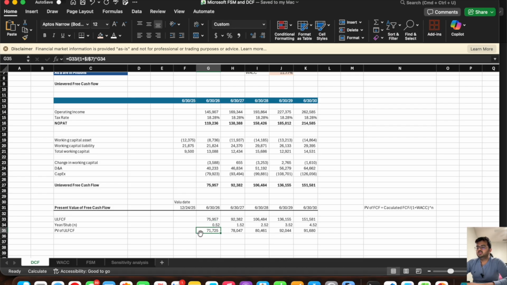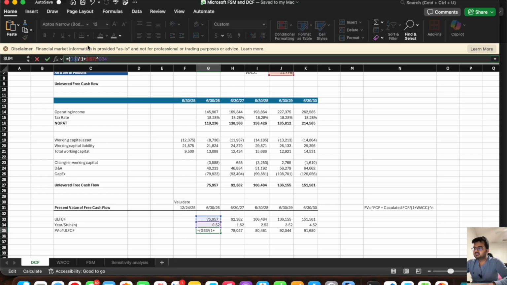And technically, I'm not going to get this entire $71 billion as of now. I'm just going to get only 52% of this value, because that's the stub which I'm going to use here. So I'll add one more step here, then multiply it with this number.